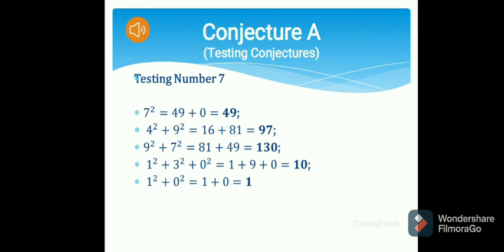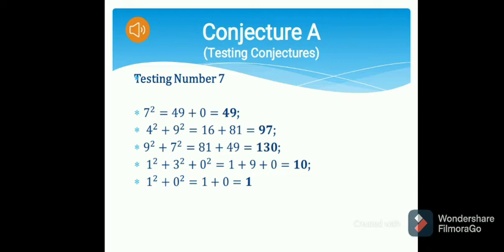We had given number 7 here to test. So 7 squared is equal to 49. Each digit of 49, which is the 4 and the 9, were squared, and then we add the results of 4 squared plus 9 squared.